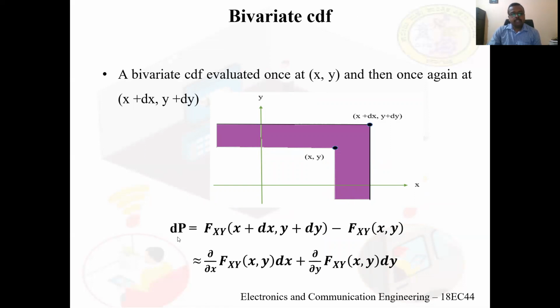It is given as dP, which is Fxy of x plus dx, comma y plus dy minus, and this is already evaluated at x and y, Fxy of x comma y. Now this is equal to what? Dou by dou x, Fxy of x comma y dx plus dou by dou y, Fxy of x comma y dy.